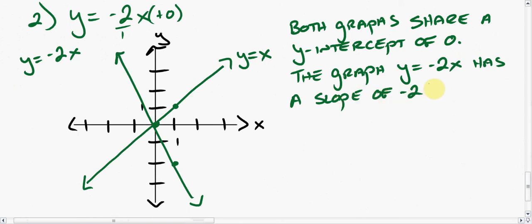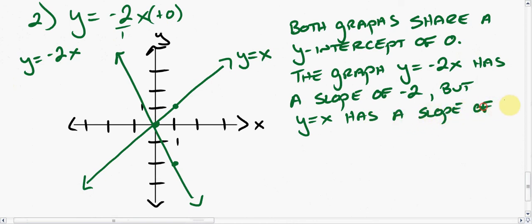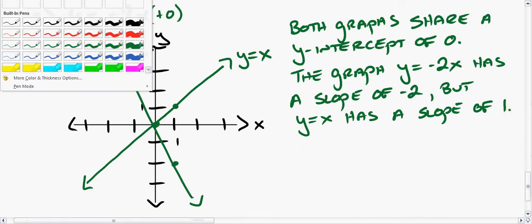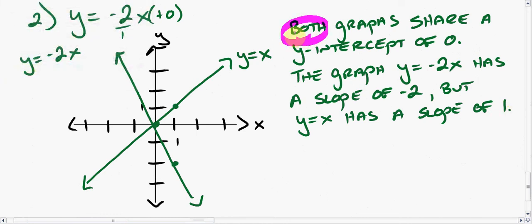It's negative 2, but y equals x has a slope of 1. So two sentences comparing. I've got a comparative word in both, and then again a comparative word, but. And that's that.